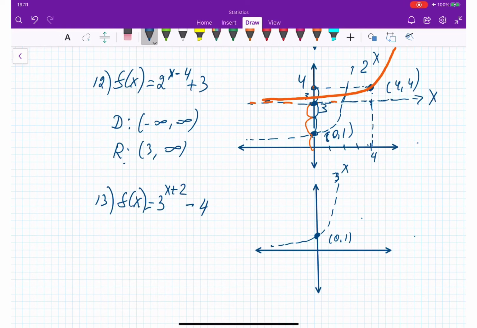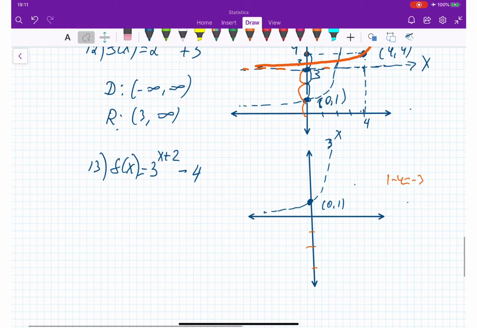We are going to move down by 4. So from here, moving down by 4, it's going to be 1 minus 4, it's equal to negative 3, right? So we're going to move 1, 2, and 3 right here. So the point is going to be 1, 2, here. Negative 3. Right? So this point moving down to this point.